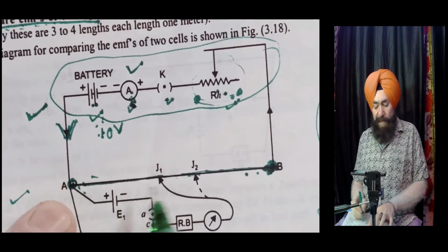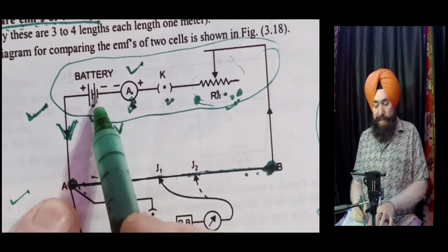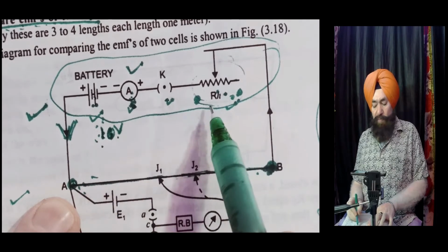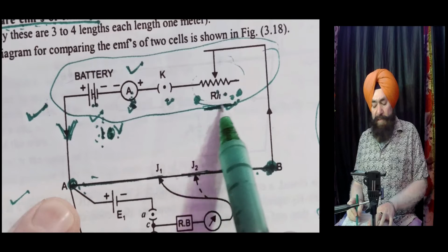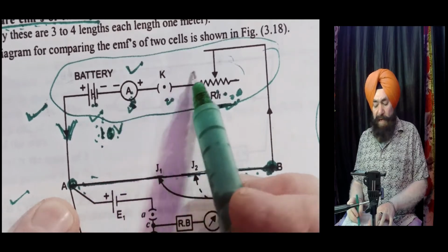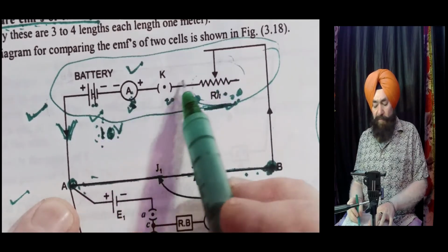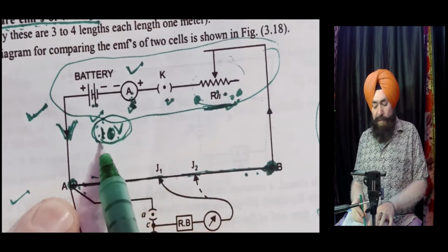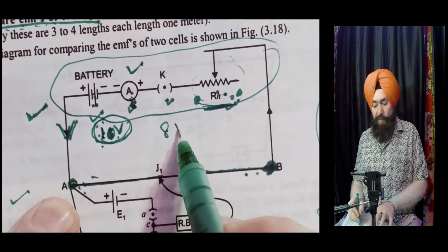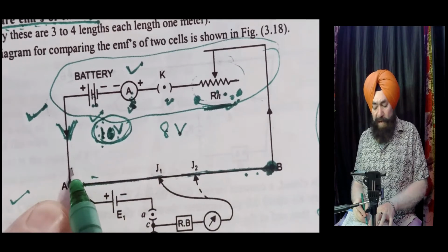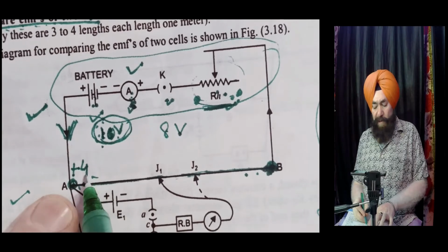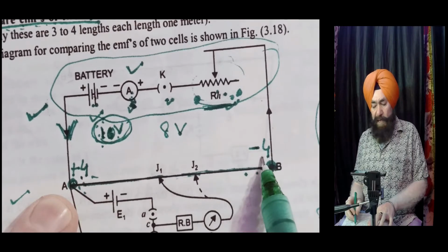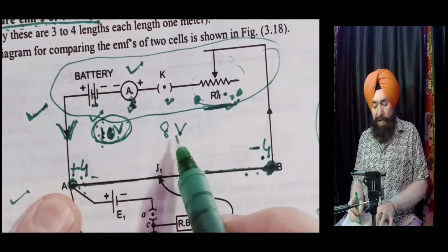Now what will happen here? Suppose this battery is 10 volt, and out of 10 volt some voltage appears across the resistor, some voltage also falls on the wire, and the rest of the voltage, I suppose, is 8 volt. Then here the voltage will be plus 4, here minus 4. So plus 4 to minus 4, that is 8 volt.